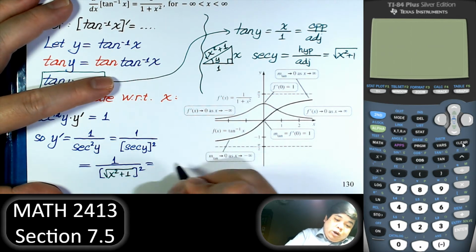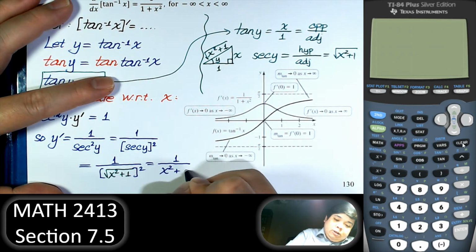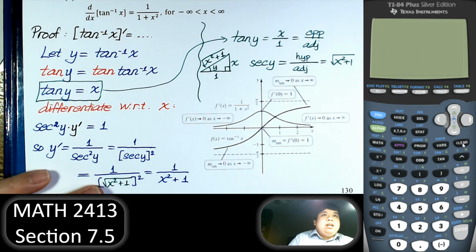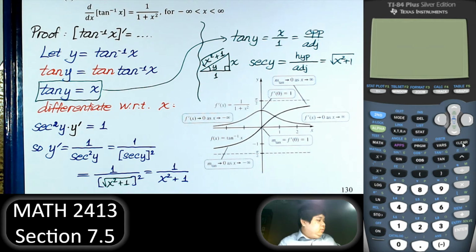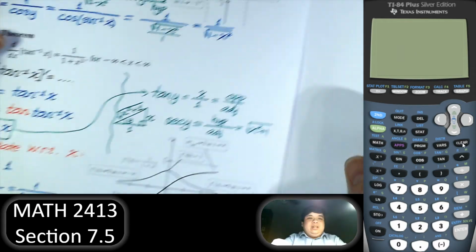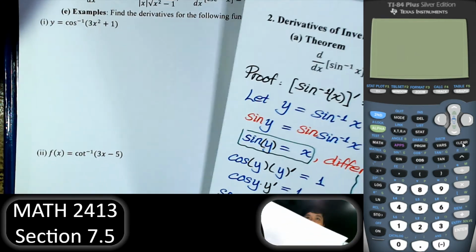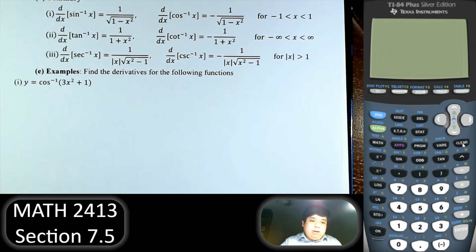Square cancels square root, we just have 1 over x squared plus 1. So that's exactly what we have. Derivative of tangent inverse is 1 over x squared plus 1. Don't even need to memorize that, because we can derive them.